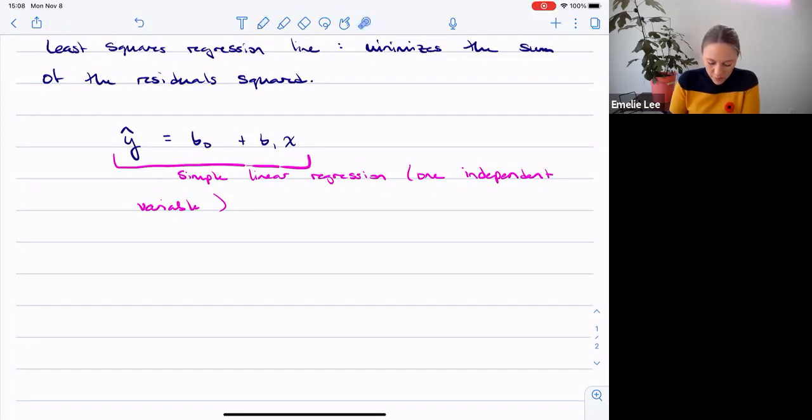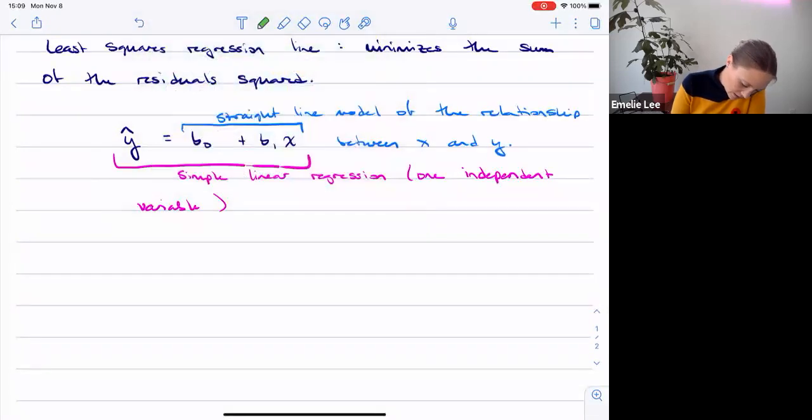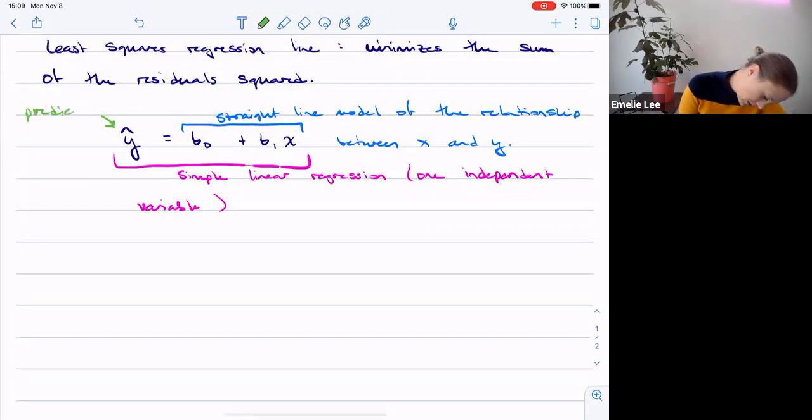The model portion is this straight line, the straight line model of the relationship between X and Y. The reason we do it is because y hat is the predicted value of Y, so that we can predict future values of Y.